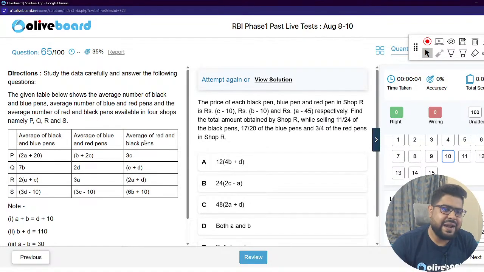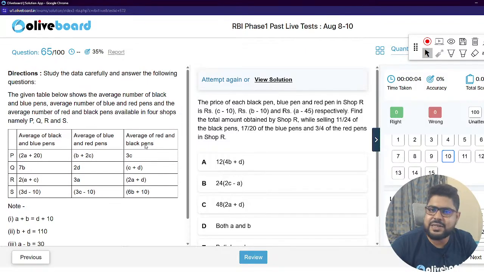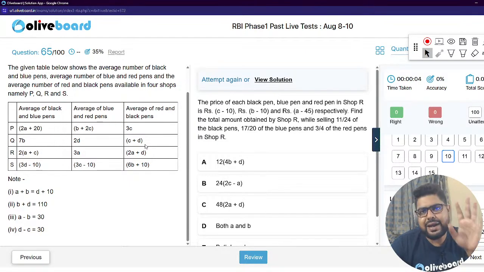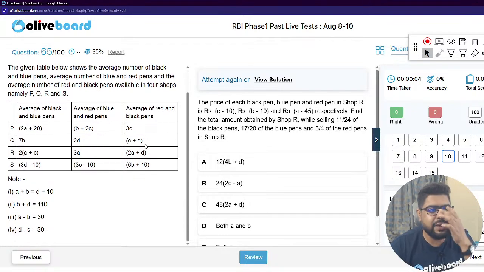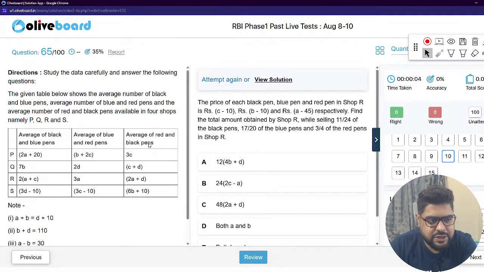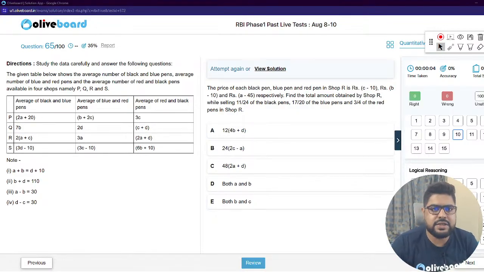Now, a DI. So this DI is not very difficult, but again, a little calculative. ठीक है? एक छोटा सा काम करते हैं सर. Just give me 1 second.